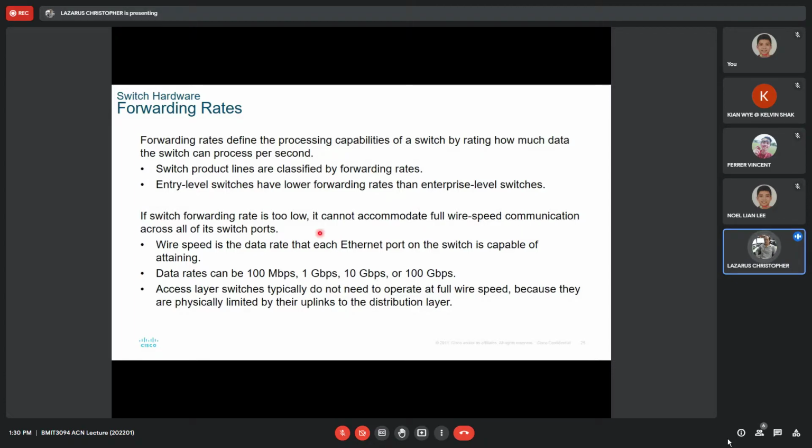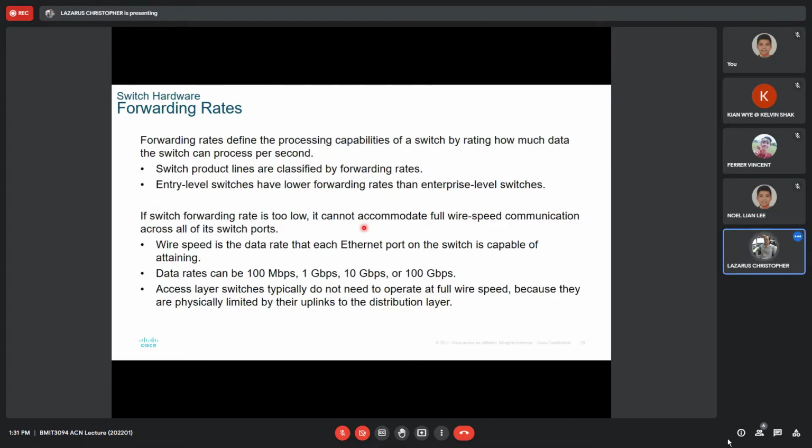Full wire speed is the maximum port rated speed, so 100 megabits per second maybe is the port. But if your switch forwarding rate is too low, we may not be able to come close to that kind of theoretical speed, right?